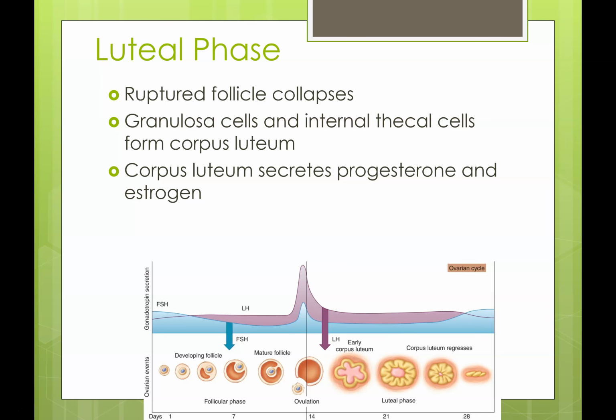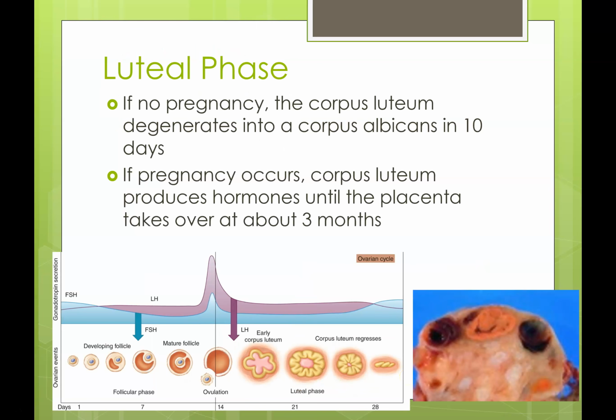And if not fertilized, then it becomes the corpus albicans within 10 days. And this is just an image of what those structures actually look like. So here is the corpus luteum over here.